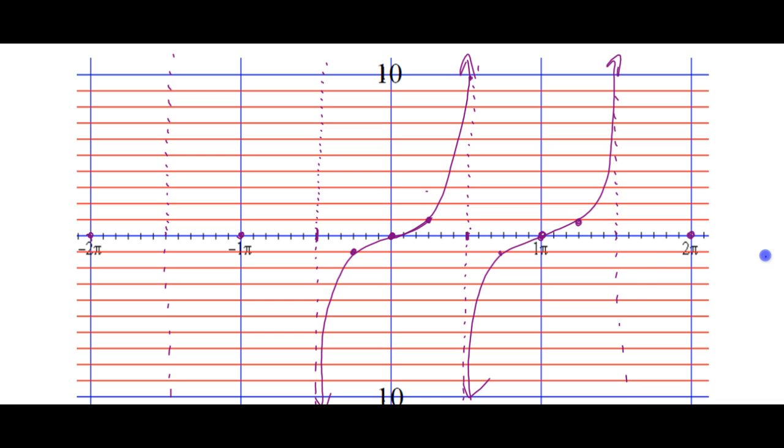And then over here, we're just going to see this bit of it. So tangent graph.